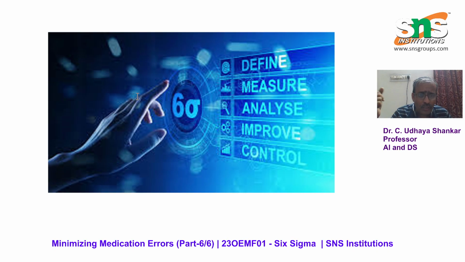So the need for Six Sigma. What is the primary goal of Six Sigma? The primary goal is to reach a level of quality where the process produces no more than 3.4 DPMO, which is defects per million opportunities. Finally, with Six Sigma we will be able to minimize the variation.